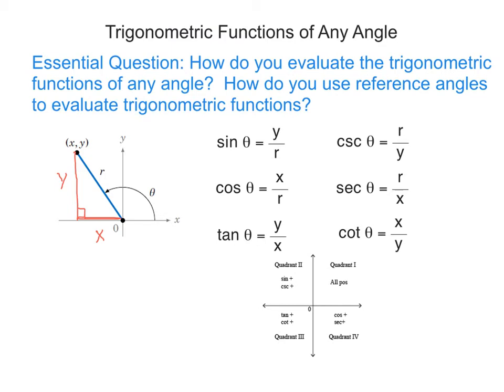So therefore, the only functions that are going to be positive in quadrant 4 are going to be cosine and secant, since they do not include y, they only include x. So using this figure here, you can tell, depending on which quadrant the angle is in, whether the trig function is going to be positive or negative.